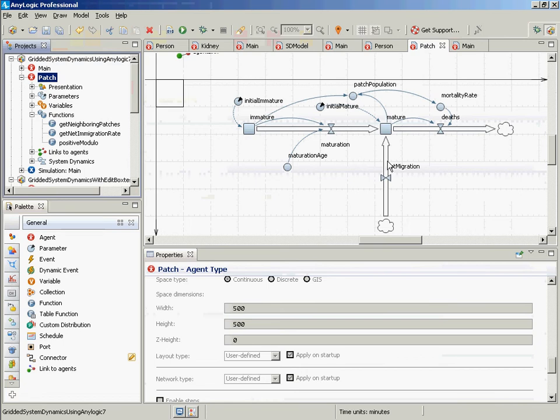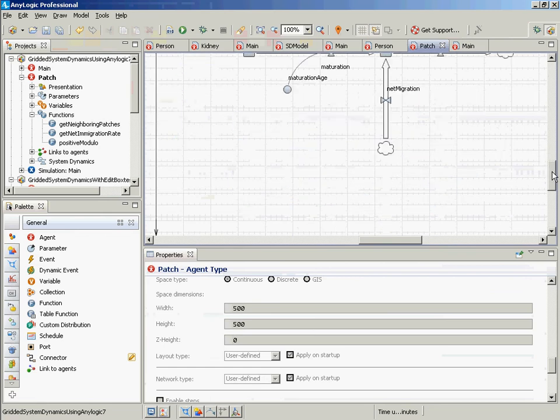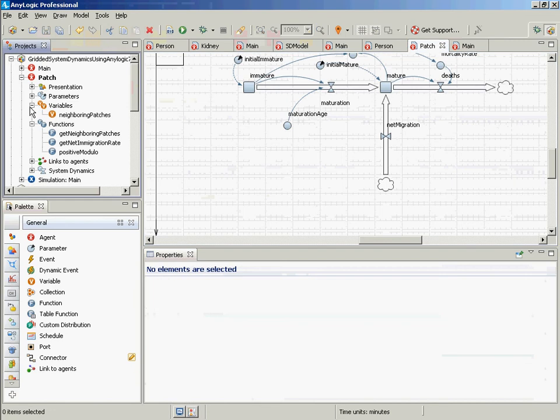So it's a very simple model where we have a system dynamics model embedded in agents. The agents are arranged in a grid, and we simply have interactions with our neighbors. The one thing I haven't shown you is this neighboring patches.